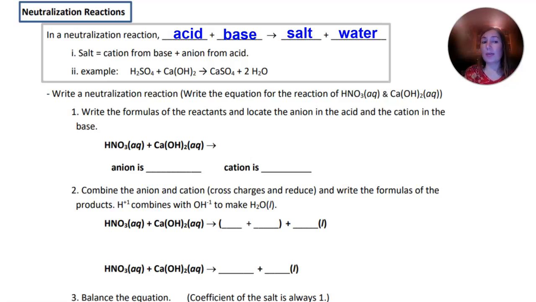So here is an example: H2SO4 plus calcium hydroxide, Ca(OH)2, two hydroxides, react to form calcium sulfate and water.